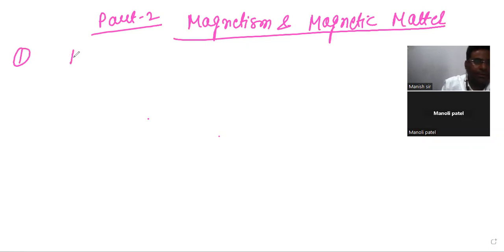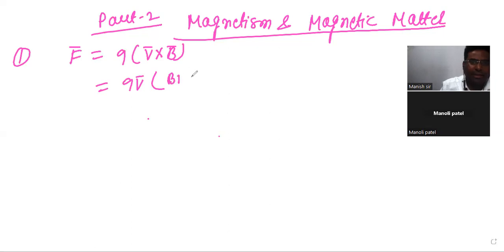It is given that the force formula is defined as charge into velocity into magnetic field, right? And this can be expressed in unit vector form, like V, with magnetic field in the x-axis plus magnetic field in the y-axis plus magnetic field in the z-axis.